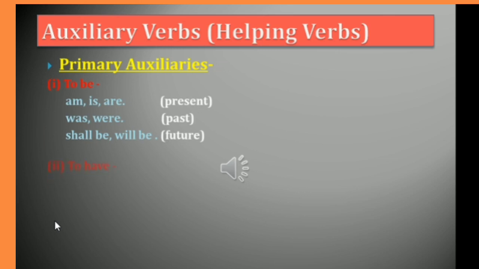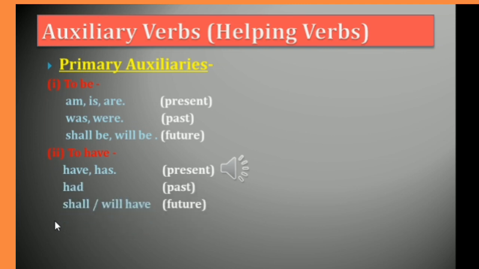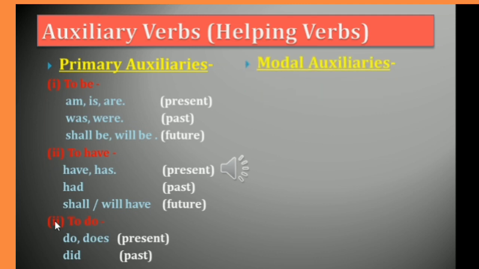Second is the to have forms: have, has in present, had in past, shall have, will have in future. The third type is the to do forms: do and does in present and did in past. The second main kind of auxiliary verb is modal auxiliaries.